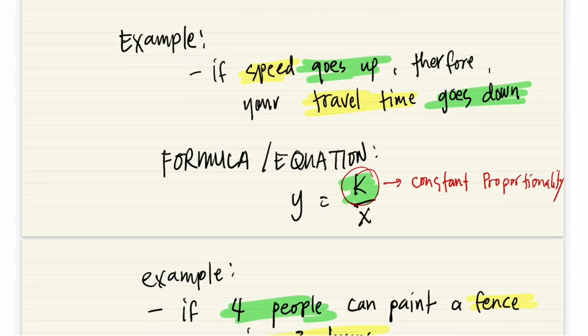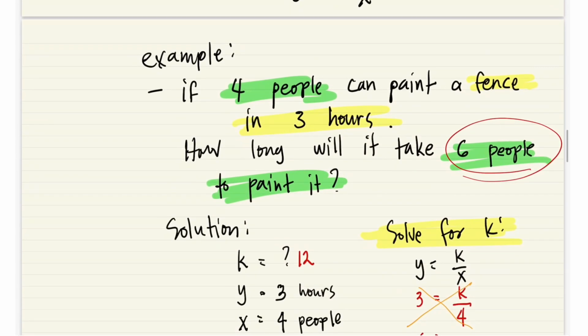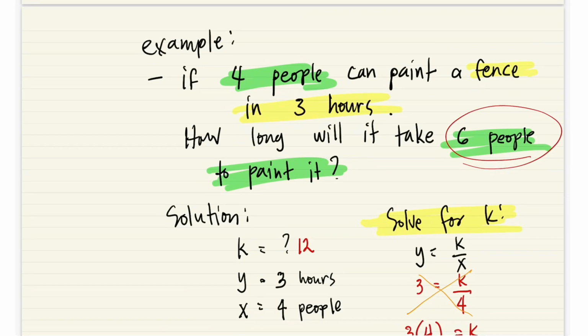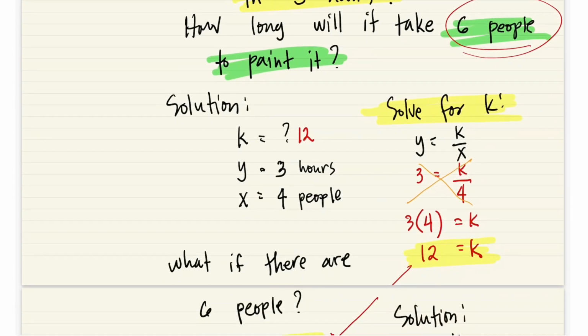Now the formula will be y is equals to k over x, where k is still our constant of proportionality. Now we have an example. If 4 people can paint a fence in 3 hours, how long will it take for 6 people to paint it? You don't have a k, so we don't have a constant, so solve for k first.